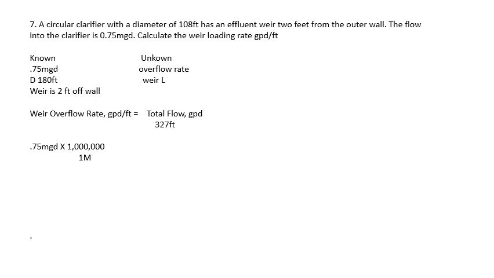Total flow needs to be in gallons per day. 0.75 mgd times a million is 750,000 gallons per day. Plug that into your formula. Your weir overflow rate, 750,000 gallons per day divided by 327 feet, is 2,294 gallons per day per foot.